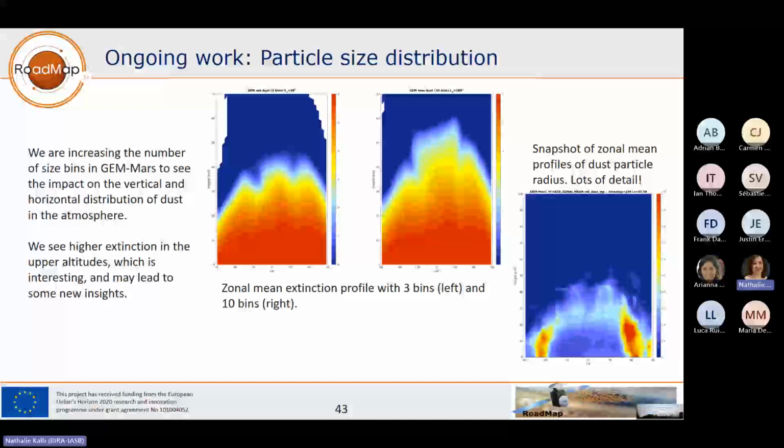So like I say, this is very preliminary, but I think it can lead to some very interesting results on both the horizontal and vertical distribution of dust. So I think this is 10 bins still. Yes, mean radius for the bins.